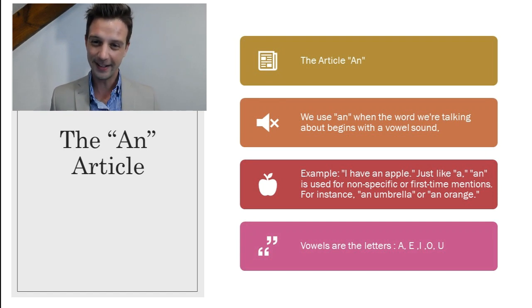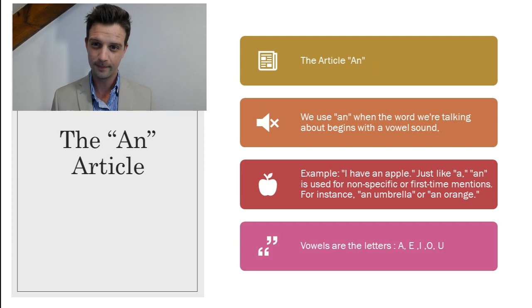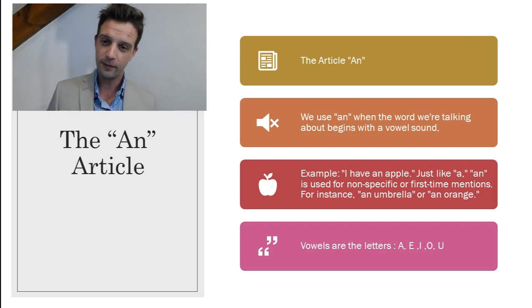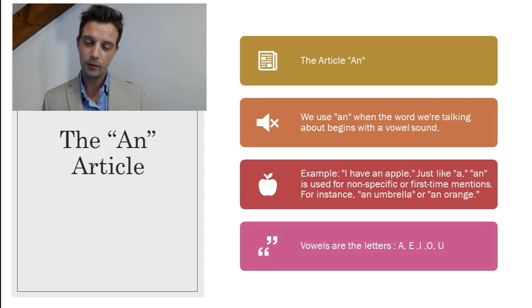Let's move on to the article an. An works exactly the same way as a. We're also using an when we are talking about something general or non-specific, and the only difference is we use an when we are describing nouns starting with vowel sounds. So if your noun starts with a vowel sound like A, apple, or E, elephant, or O, orange, then we'll use an.